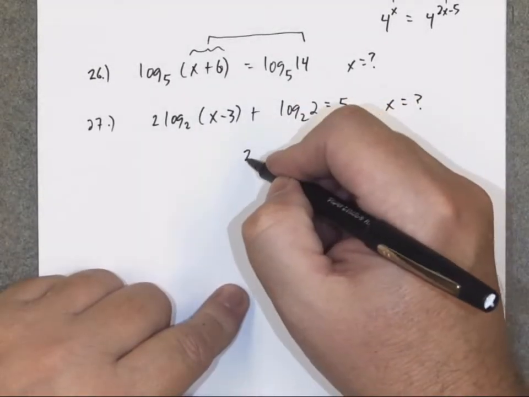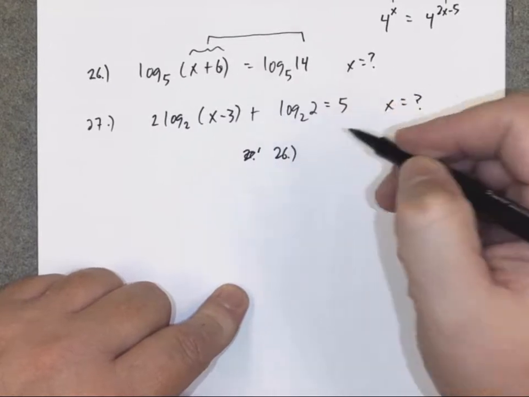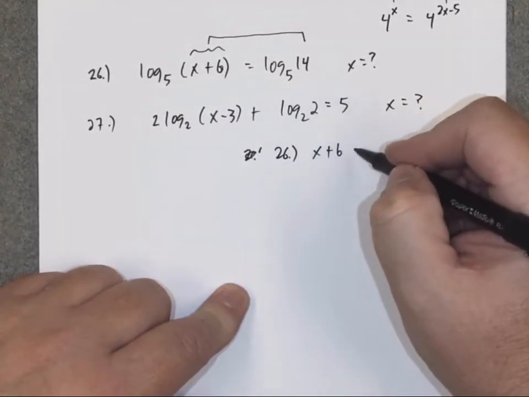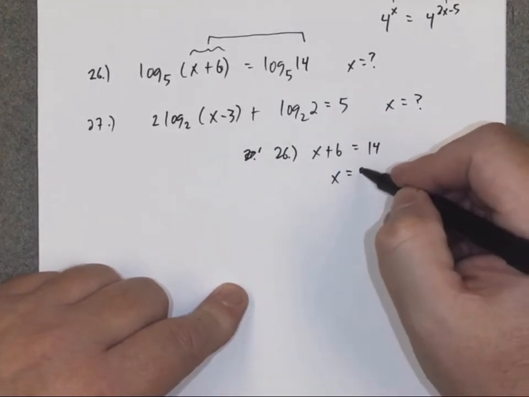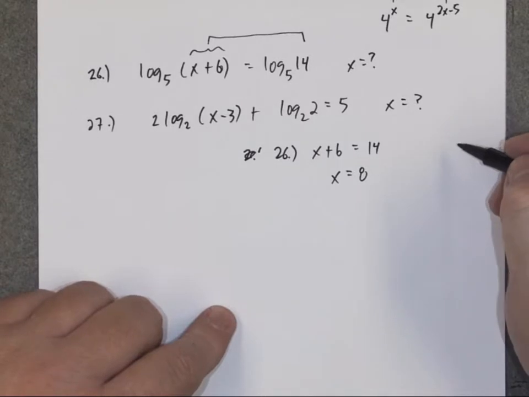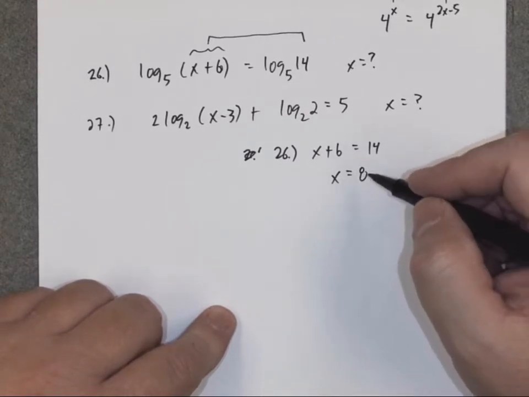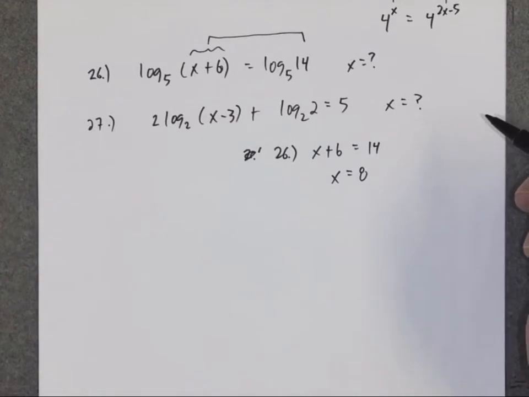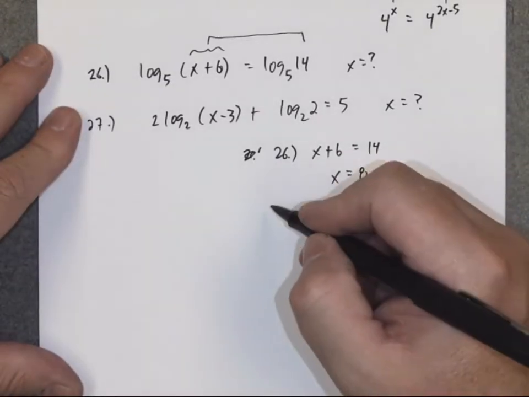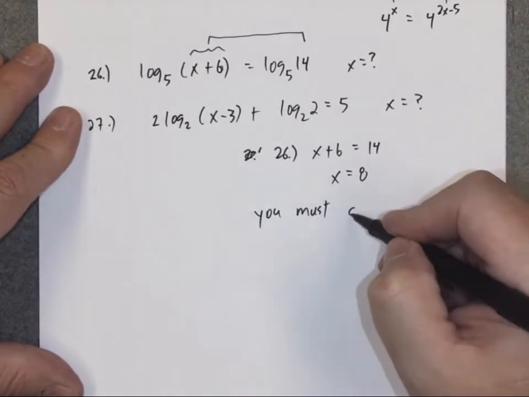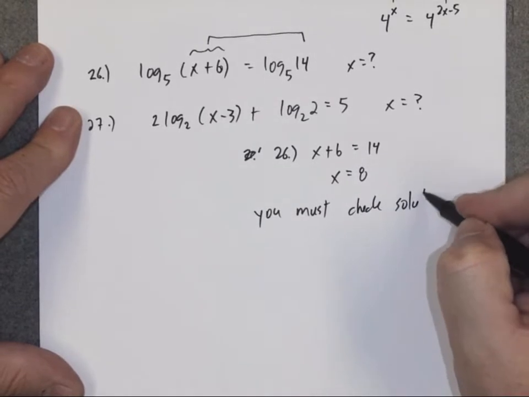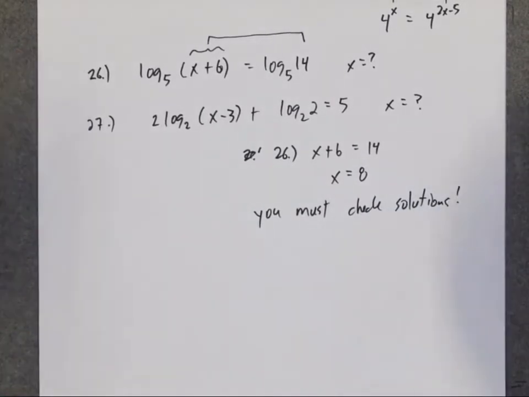So for 26, I simply say x plus 6 equals 14. Wow. Really easy problem. Although, I need to say this: whenever you're solving a log equation, there's one of those problems where you must check solutions.